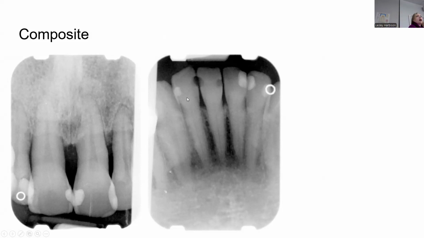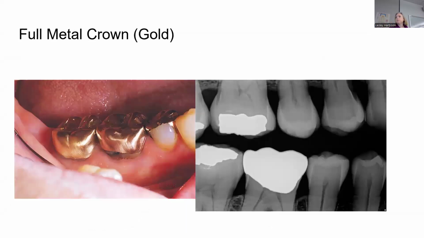Different manufacturers make different products and put different things in them to have them show up better. So these are all composites. And it's very common to see composites in the anterior because it's more cosmetic, and you wouldn't see amalgams necessarily in the anterior teeth because that just wouldn't look as cosmetically pleasing.